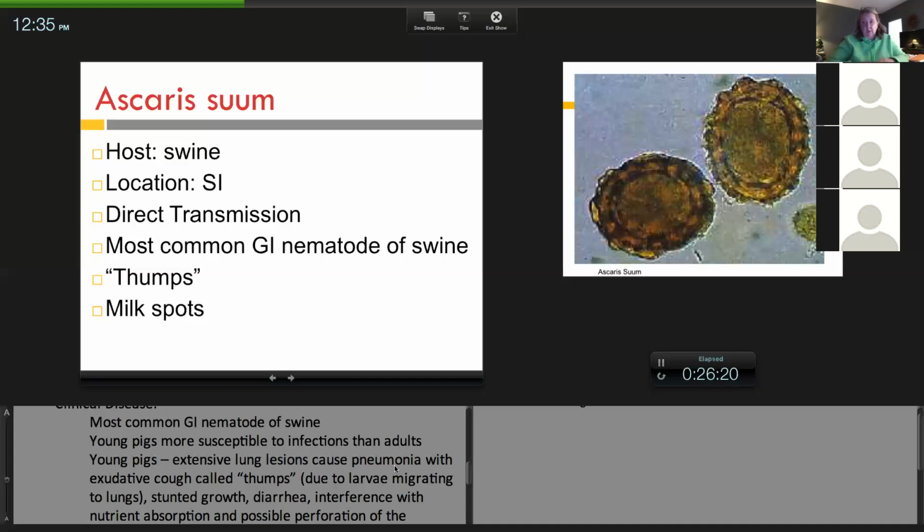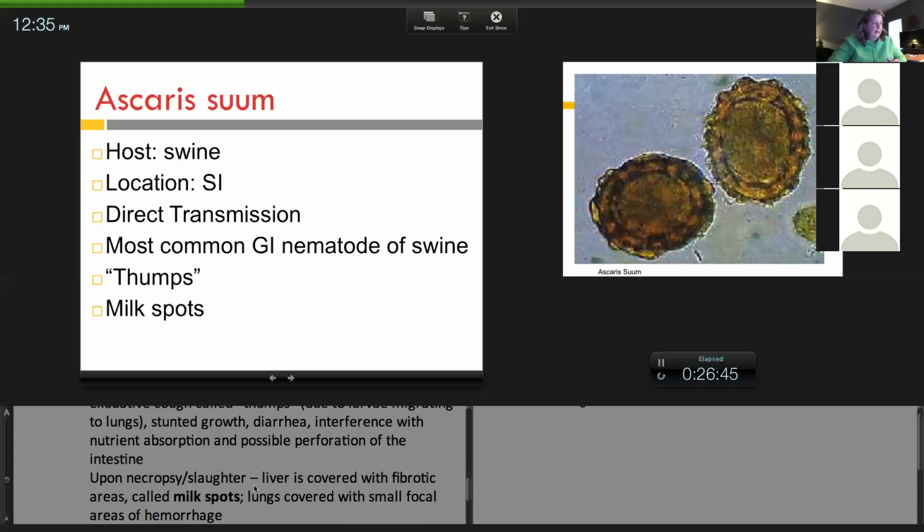You have transudates, and something exudative is going to be thick, which is associated with pus or purulent, greenish discharge. Lots of neutrophils, inflammation, bacteria, secondary to this parasitic migration. Also, again, they can get stunted growth and diarrhea.